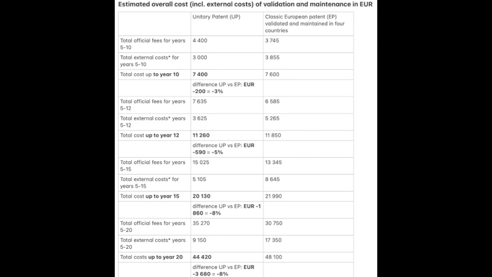We have a difference in favor of the unitary patent of 3%, and it increases to 5% for 12 years, and 8% for 15 years, and 8% also up to 20 years.